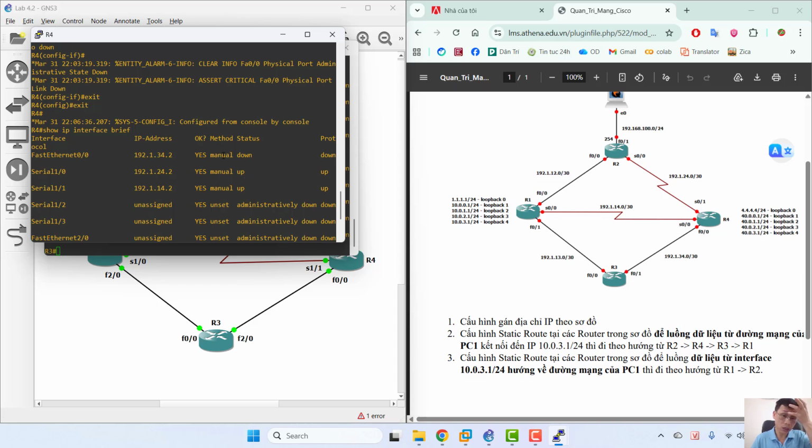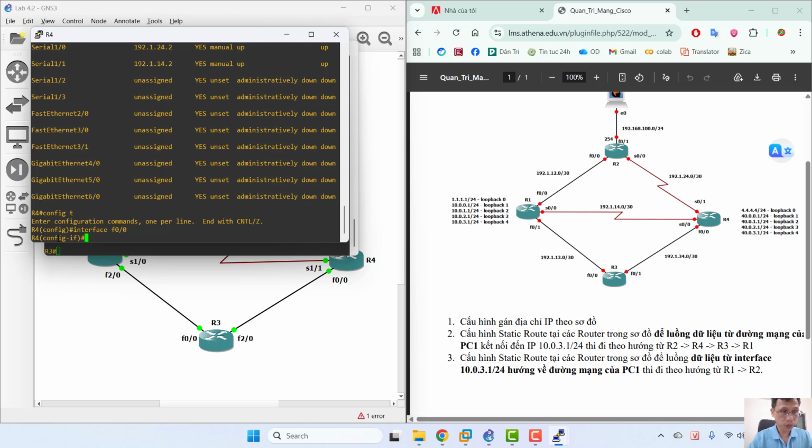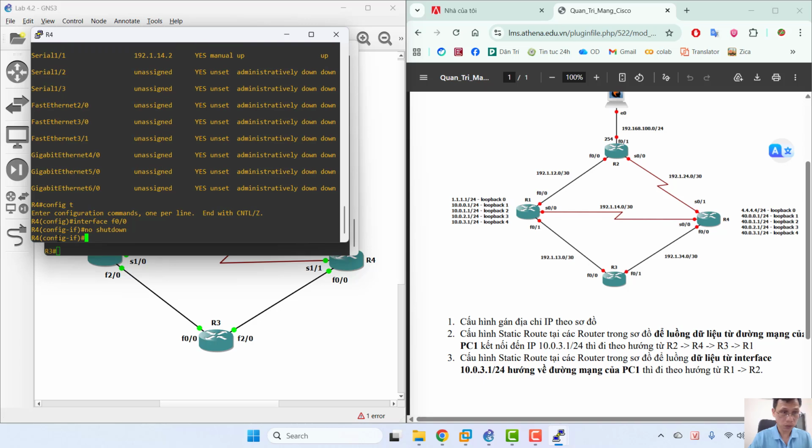Let's see, down and down. So I go config, interface 0/0, no shutdown, access.